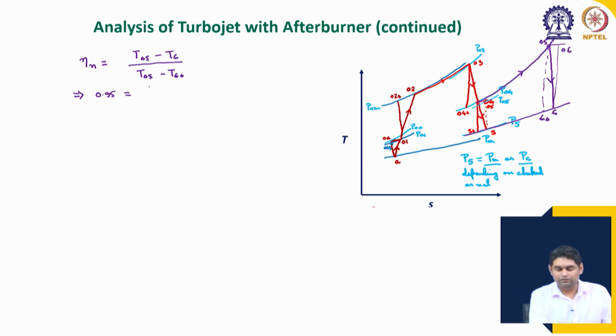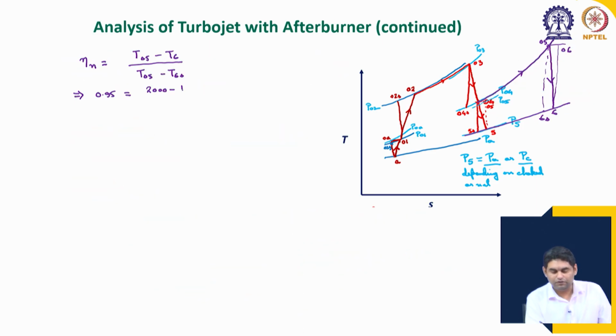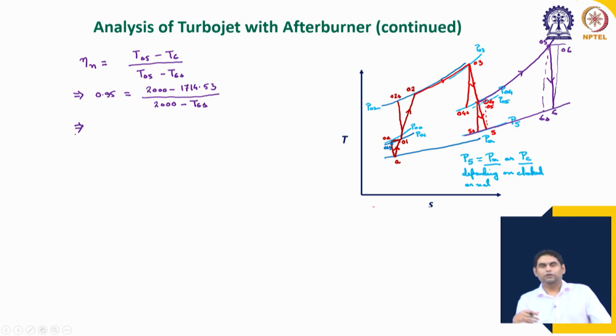So, 0.95 is equal to 2000 minus 1714.53 divided by 2000 minus T6s, from the equation of the isentropic efficiency of the nozzle.